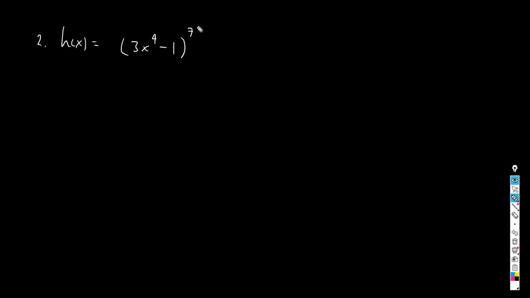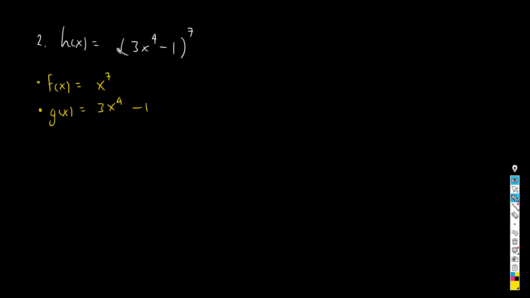So you have this function. Can I write this function as a composition of two other functions? Yes, I can. One function will be x to the 7, and another function will be 3x to the 4 minus 1.